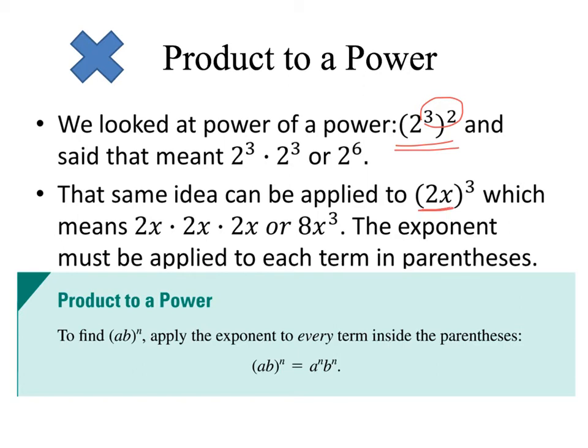Rather than a 2, let's suppose it's a 2x. Well, the same idea is going to work here, because it's going to be 2x, 2x, 2x. So I've got 3 2's and 3 x's, which means that if I have an exponent sitting outside of parentheses, it really ends up getting distributed to everything on the inside.